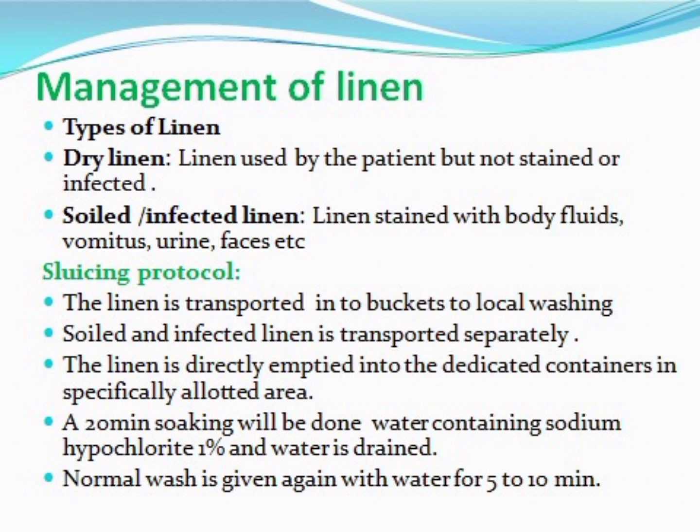A 20-minute soaking will be done in water containing sodium hypochlorite 1%, and the water is drained. A normal wash is then given again with water for 5 to 10 minutes. So here the concept is that all infected linen has to be disinfected with sodium hypochlorite or any disinfectant solution. Only then should it be sent for the normal wash.